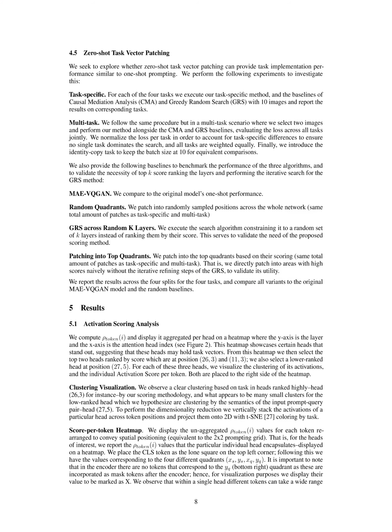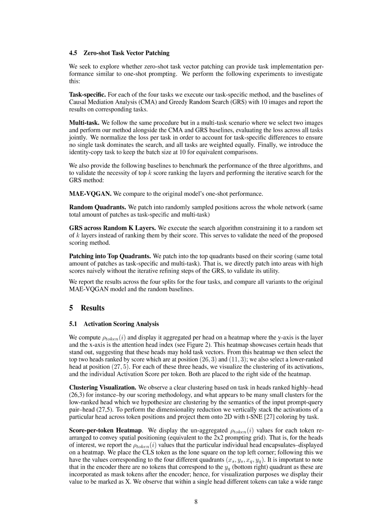The results show that the task-specific models of the proposed method outperform the original MAE-VQGAN model across all tasks, while the GRS task-specific models even surpass the original model in some tasks. Additionally, the multitask models of the proposed method outperform the original MAE-VQGAN model in all tasks except for segmentation, where performance is on par, with GRS multitask models performing comparably to the original.